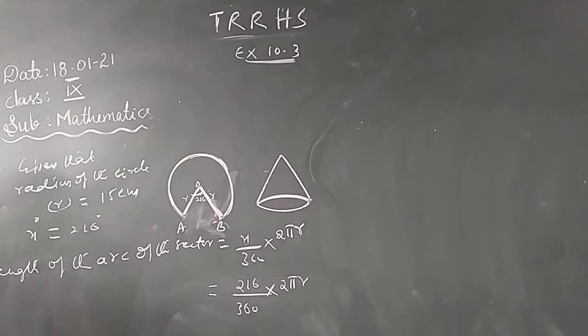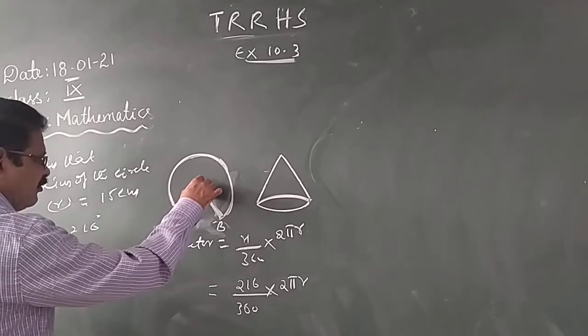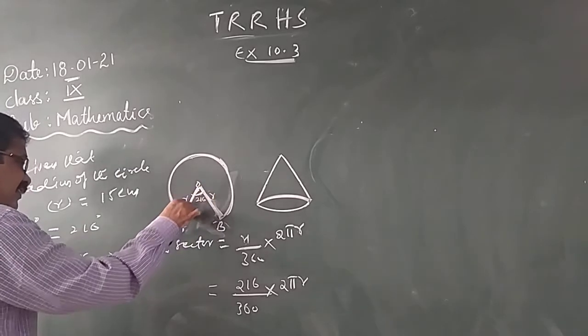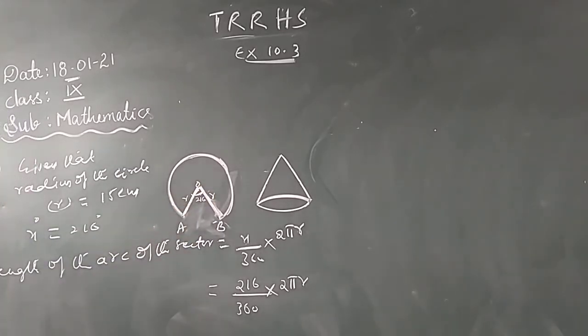We only know the radius of the circle. This you have to find out. This radius is equal to the slant height of the cone.